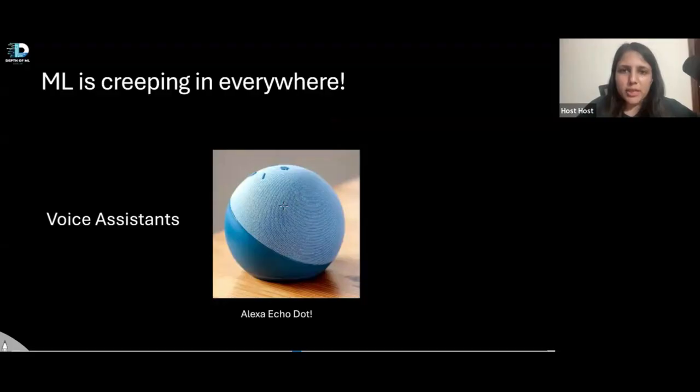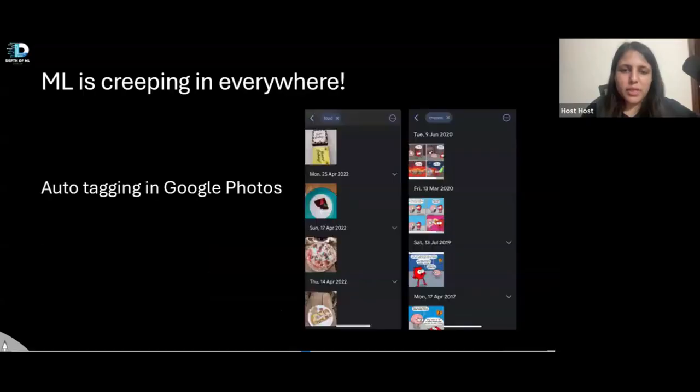It's a machine learning algorithm, and a machine cannot automatically process this, right? So there is some way that whatever audio I'm giving out is being processed by a machine. All I want to say is that you can see machine learning is creeping in everywhere. You can see it in voice assistants. You can see it in ChatGPT.